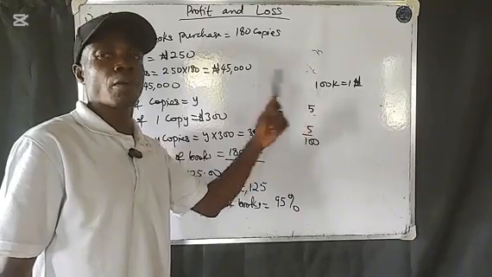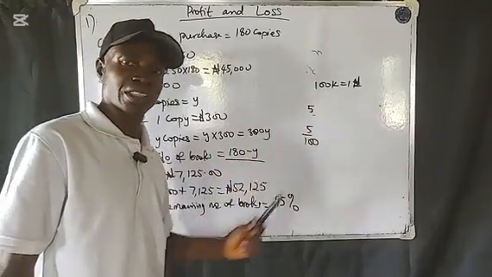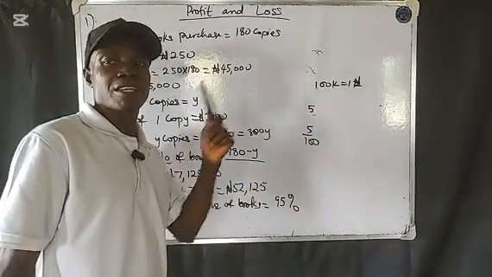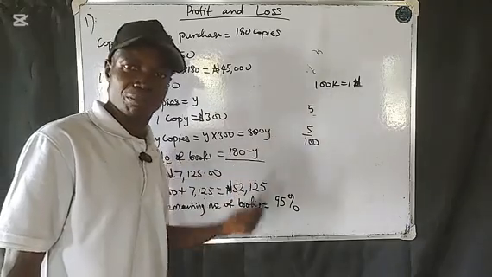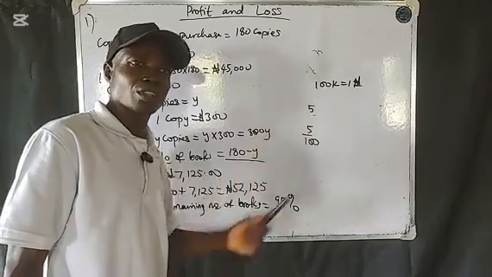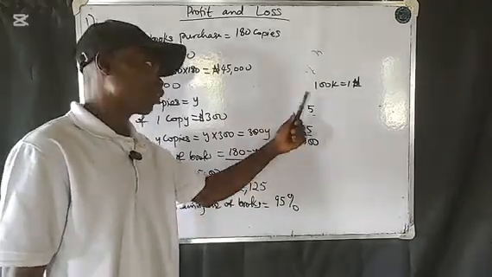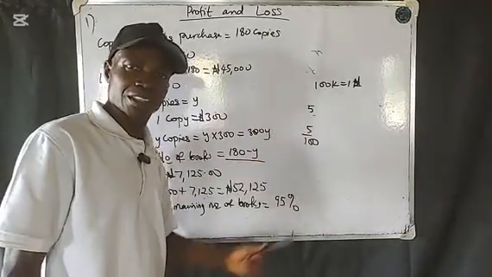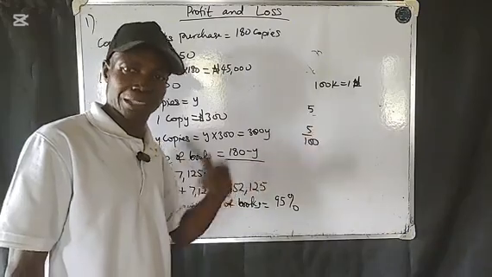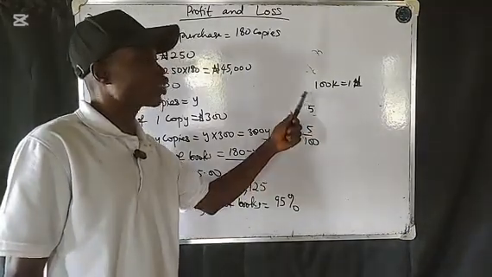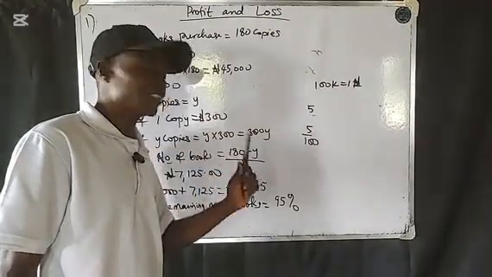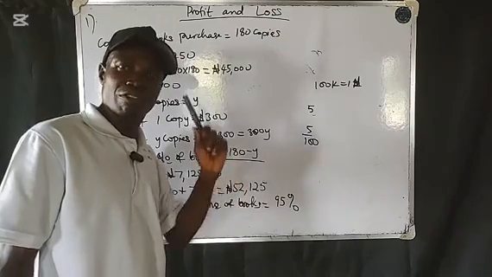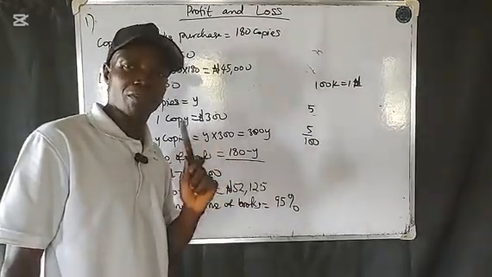If I'm giving 5 kobo reduction out of 100, how many percent is that? 5%. 5 out of 100 means 5%. 2 out of 100 means 2%. 20 out of 100 means 20%. 30 out of 100 means 30%. So 5 kobo out of 100 kobo is 5%, giving a discount of 5% on the remaining number of books.